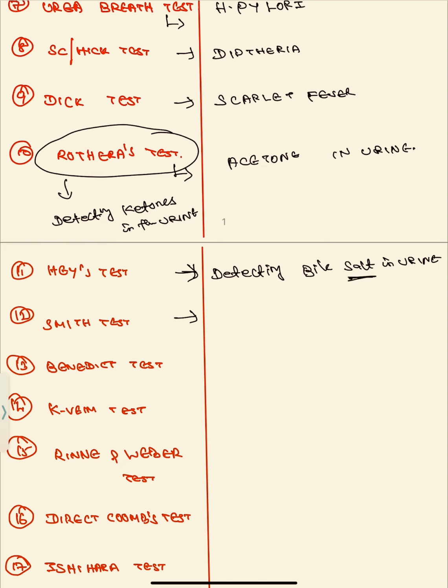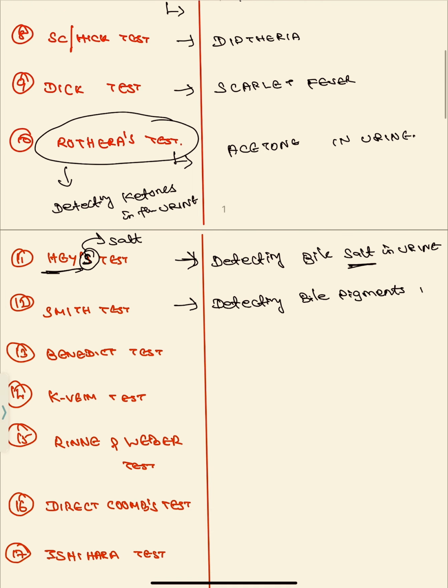Bile salt is for Hay. Salt is for haze. You can see the haze. Smith is for detecting bile pigments in urine.